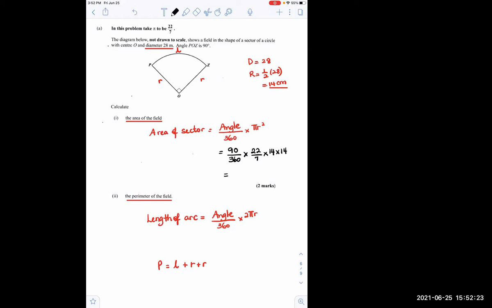Jason, what is your answer with the units? Miss, I get 5 centimeters. Jason, you get 5 centimeters for the area? Oh, no, miss. My bad.